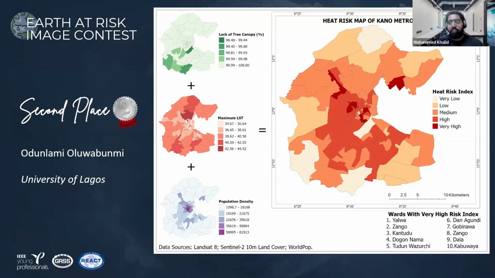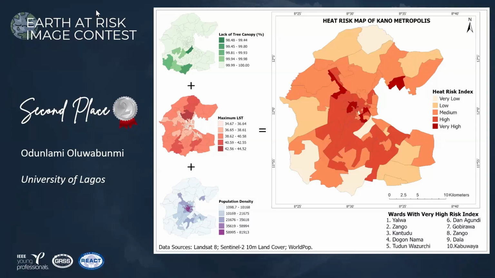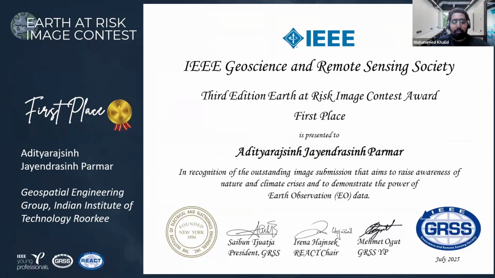Thank you, Abdulami, and thank you for putting so much hard work into this well-deserved second place. Thank you. Moving to the first place, we have Aditya Singh, Jayendra Singh Parmar from Geospatial Engineering Group, IIT Roorkee.